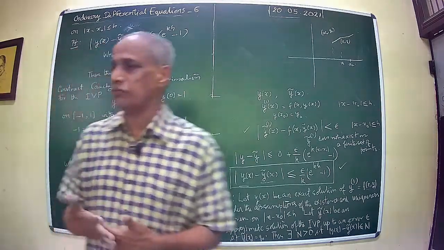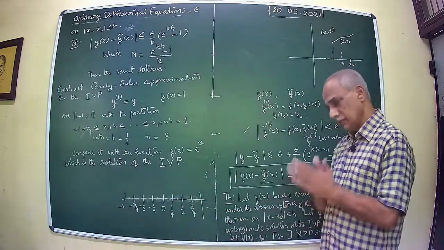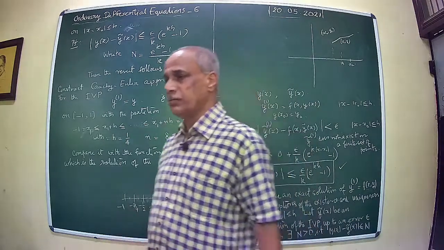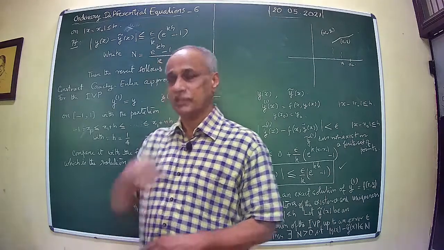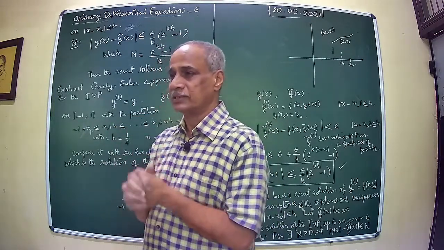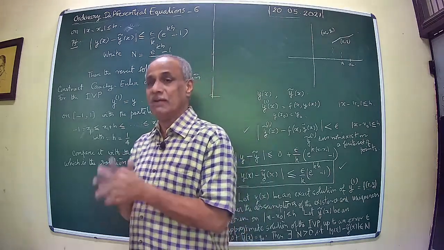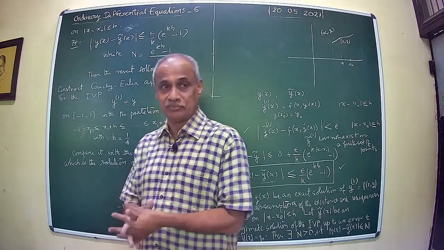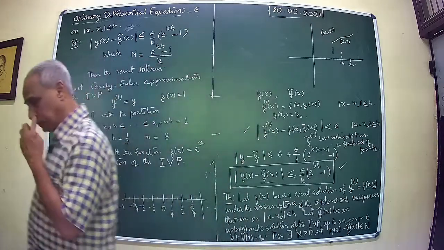Is it possible for me to assert that the solution exists on some interval? There may be one solution or many solutions, but at least you are assured that there is one solution which exists on some interval x0 minus h to x0 plus h. Is it possible for me to prove it? We will investigate this problem next, and you will see that some beautiful ideas in analysis do come from here.